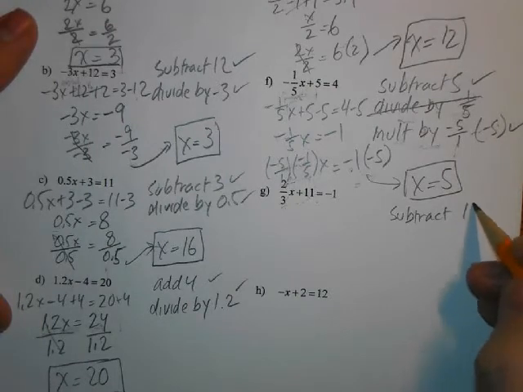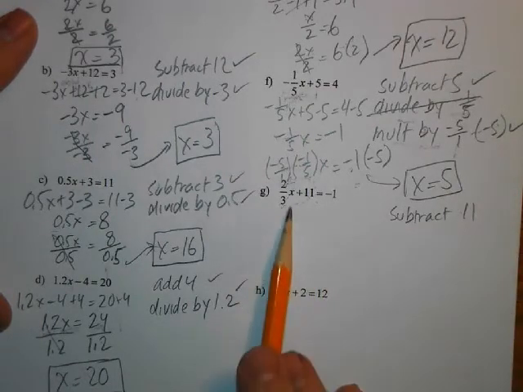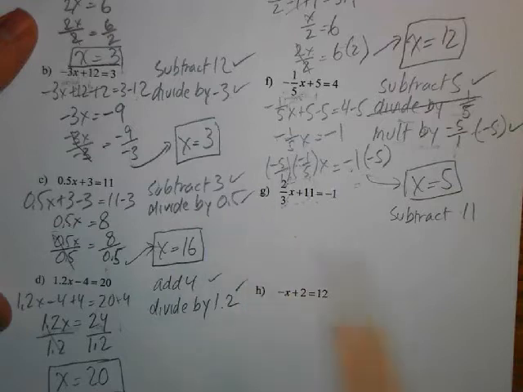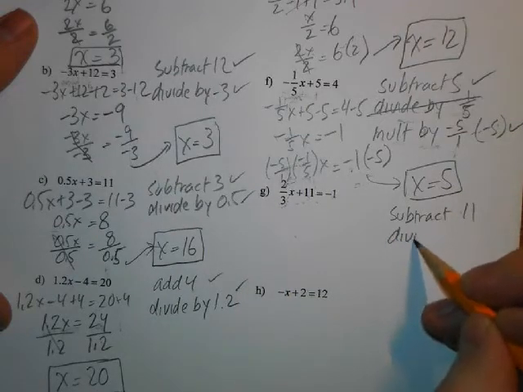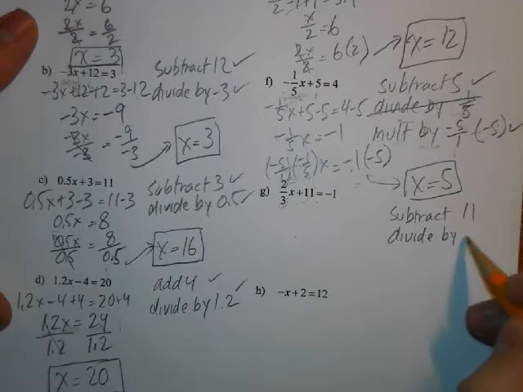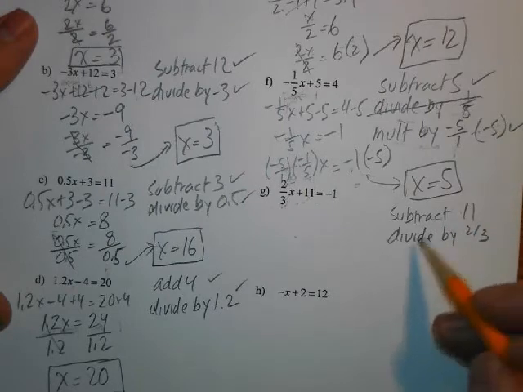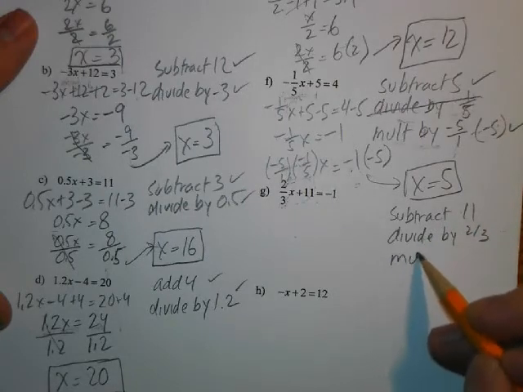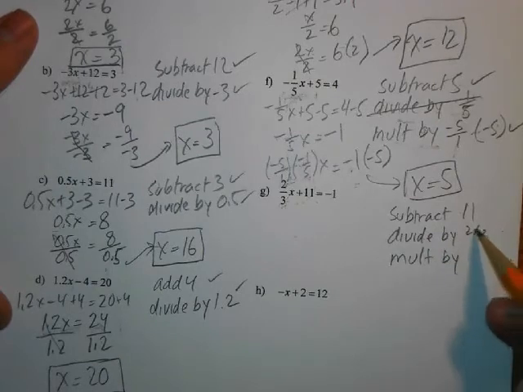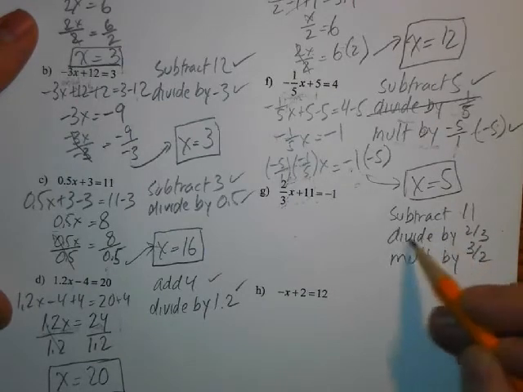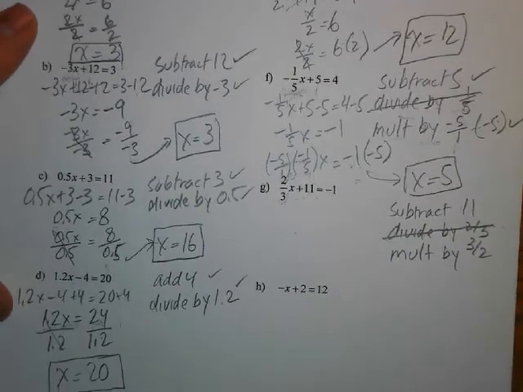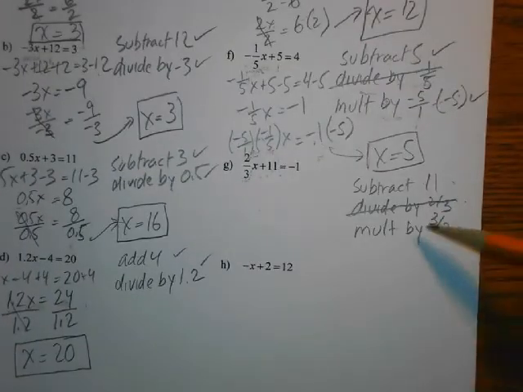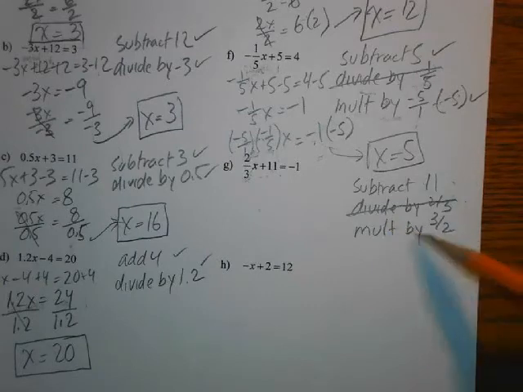That's subtract 11, and then since this is multiplied by 2/3, we would divide by 2/3. But again, we would change this into a multiply and flip this upside down: multiply by 3/2. These two are the same thing, but it's much easier to do as a multiply.